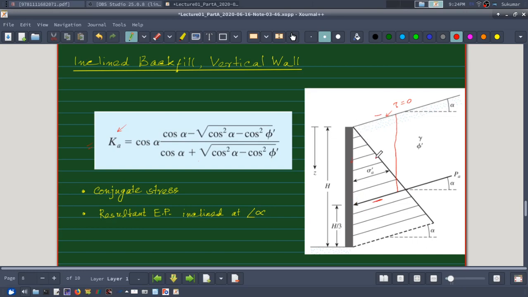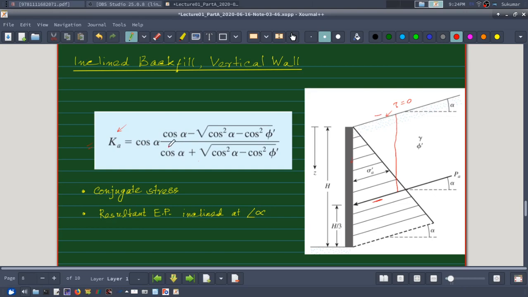So we can find out the area of this triangle pretty easily to get PA, and because it is triangular, we again assume that its point of application is at a height of h by 3 from the bottom of the retaining wall. So that's how inclined backfill behind a vertical wall can be handled.